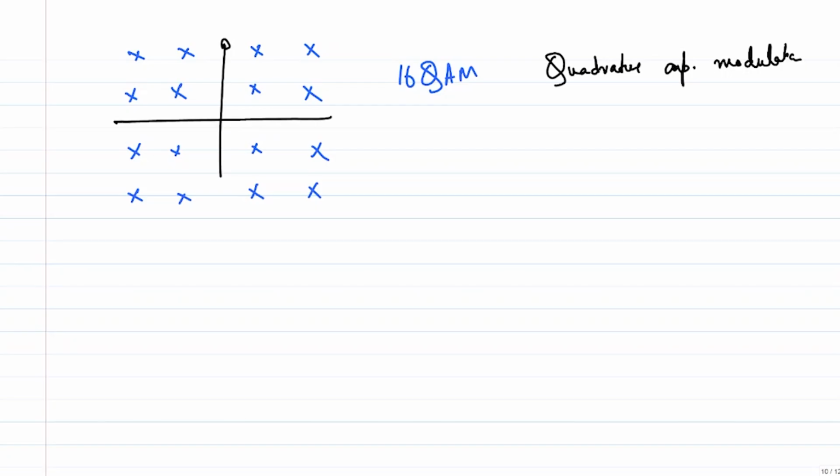If you have 64 QAM, for example, and I concentrate only on one quadrant: in one quadrant of a 16 QAM, you have 4 constellation points.